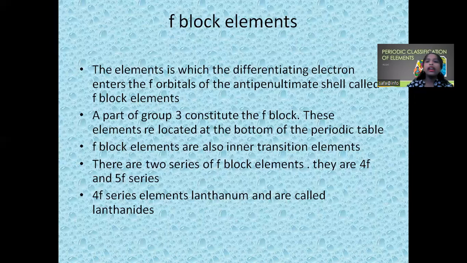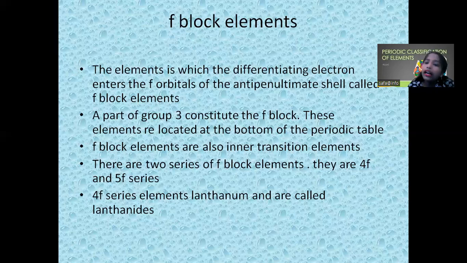So what is meant by F block elements? Let us revise the definitions. What is meant by S block elements? The elements in which the last electron enters the s orbital of the outermost shell. P block elements are the elements in which the last electron enters the p orbitals of the outermost shell.